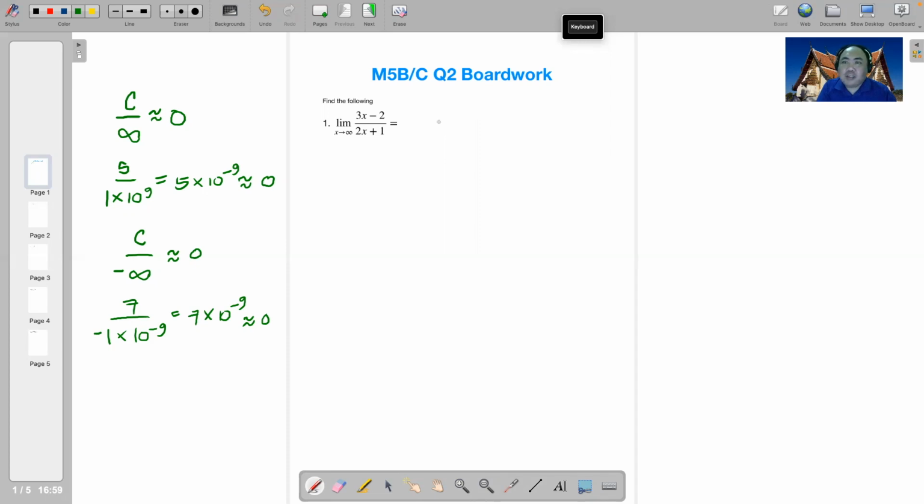If we force it, you will get 3 times a very large number minus 2 divided by 2 times a very large number plus 1. That gives you a very large number divided by a very large number, which is senseless, absurd.